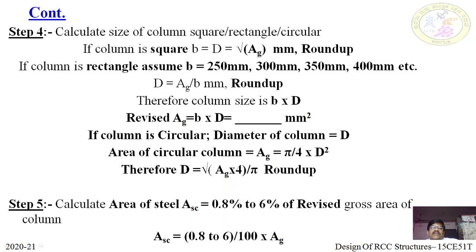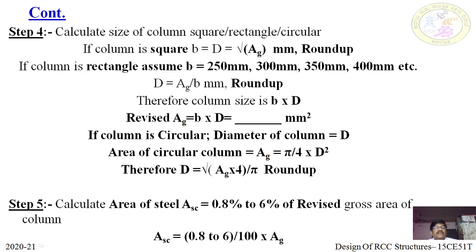For a multi-story building, the B may vary, 350, 400, 450. Therefore, when you assume B, then D equal to Ag by B, round off this D value. Therefore, size of column is equal to B into D. Now, revised Ag equal to B into D equal to dash millimeter square.